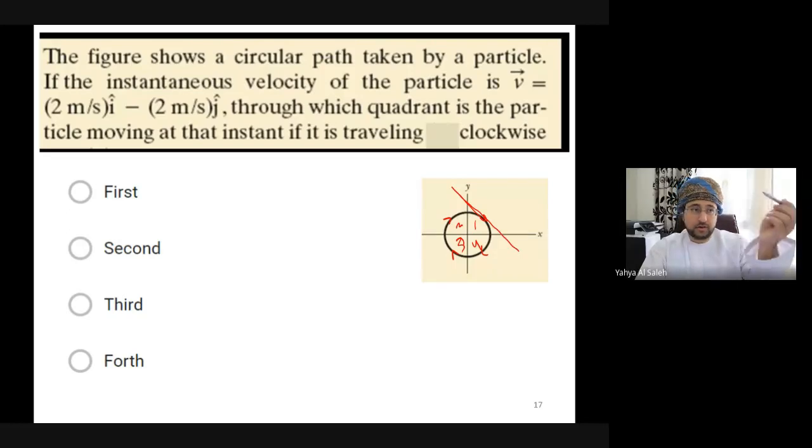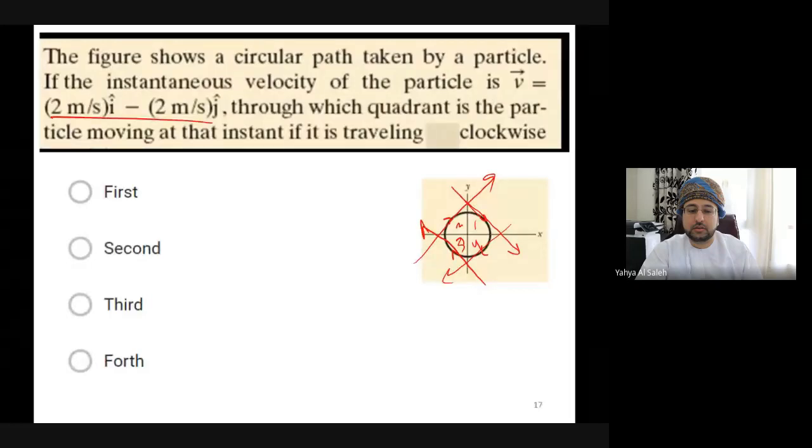And since this particle is moving in this direction, it will be in this direction, right? Now, if I draw the gradients in all 4 quadrants, I will get this. Only one of these corresponds to this.